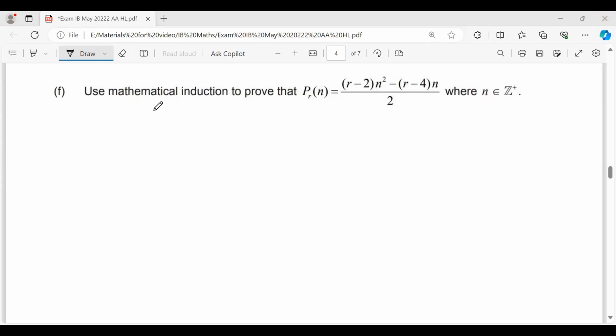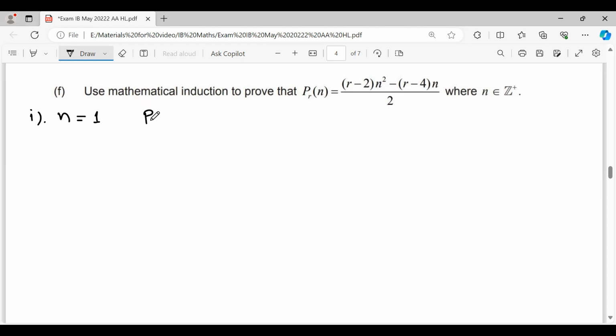F. Use mathematical induction to prove that PRn equals r minus 2 n squared minus r minus 4 n over 2, where n element of integers. Okay, the first step. If n equals 1, we are going to prove that this function as well equals 1.